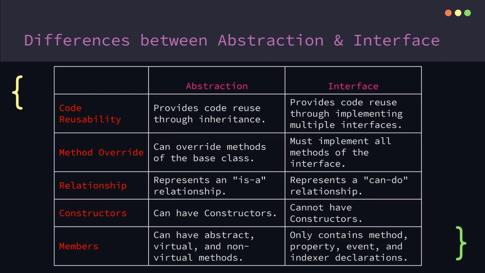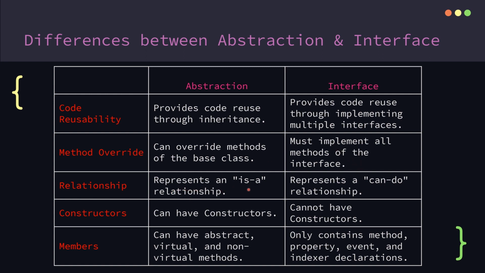Coming on to the differences between abstraction and interface. For code reusability, abstraction provides code reuse through inheritance, whereas interface provides code reuse through implementing multiple interfaces. For method override, abstraction can override methods of the base class, whereas an interface requires implementing all methods of the interface.